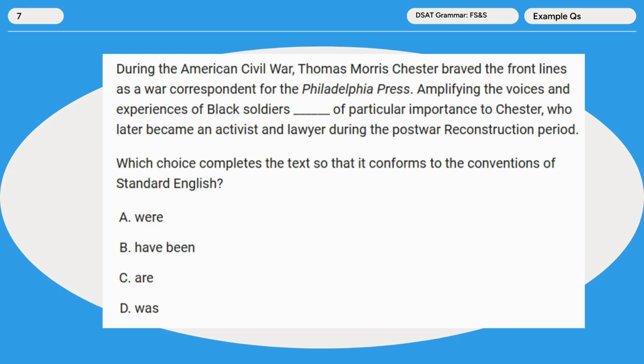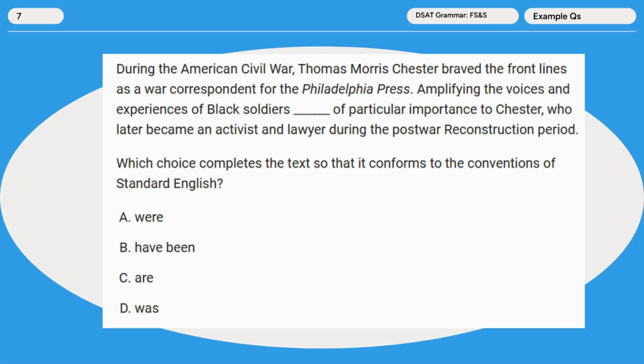So let's read the question. During the American Civil War, Thomas Morris Chester braved the front lines as a war correspondent for the Philadelphia Press, amplifying the voices and experiences of black soldiers, blank, of particular importance to Chester, who later became an activist and lawyer during the post-war Reconstruction period.